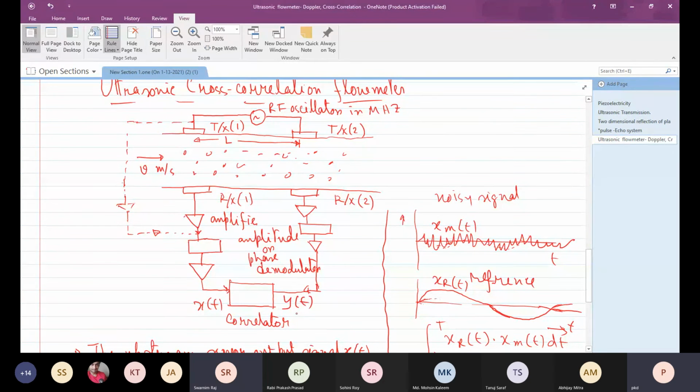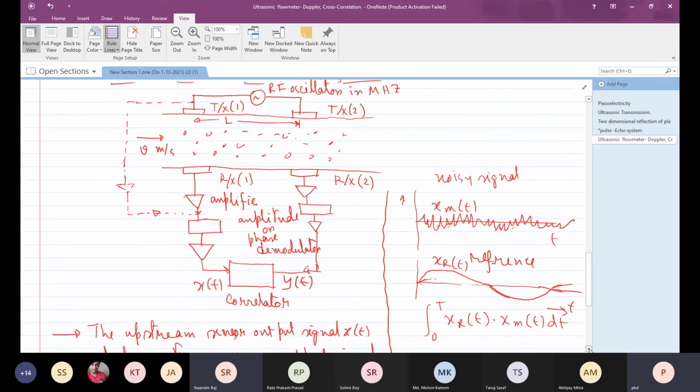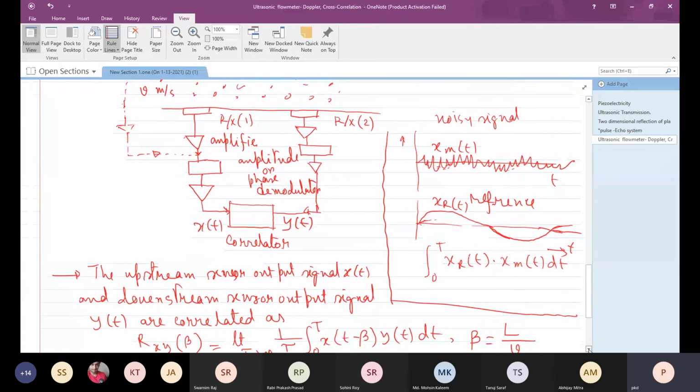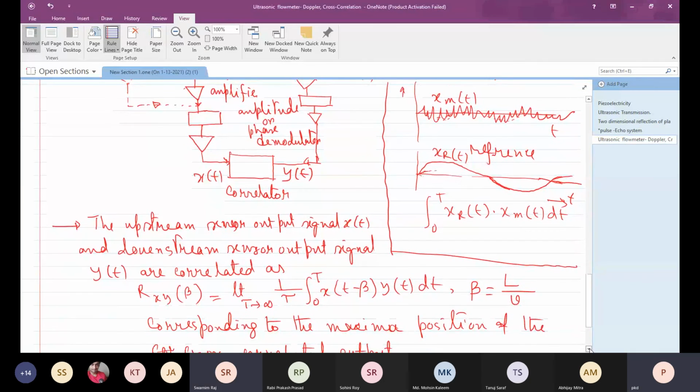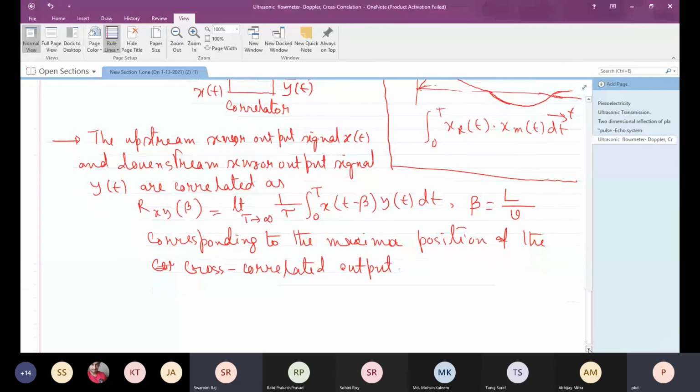Then why is X(t) called upstream and Y(t) called downstream? Because this is the velocity direction we have assumed. So up and down. Okay, thank you, sir.